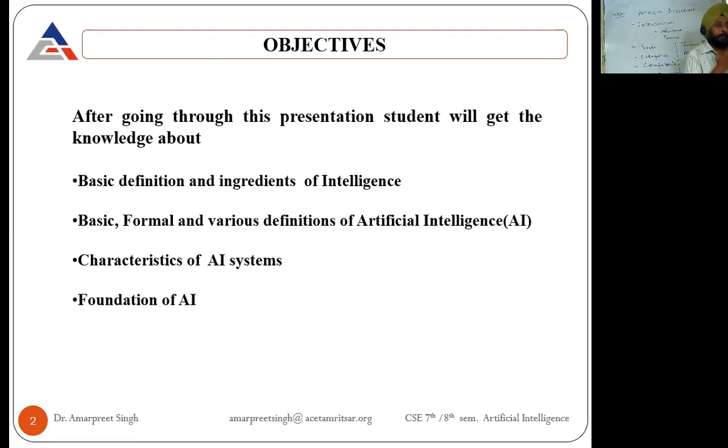You will get the basic knowledge about the basic definition and ingredients of intelligence, and various formal definitions of artificial intelligence given by different authors. What are the characteristics of the AI system and the foundation of AI? This is the main thing that we will carry on today after going through the presentation. Next.